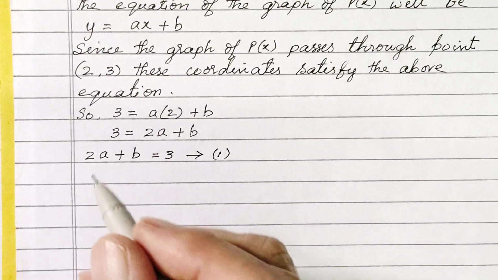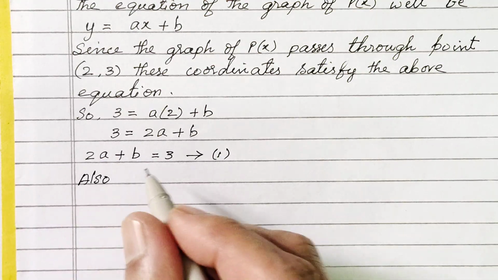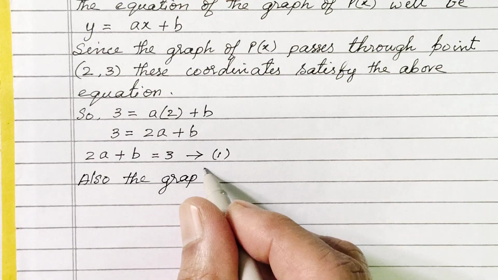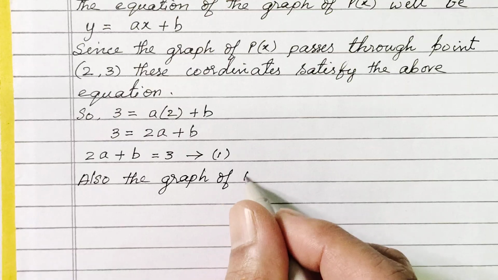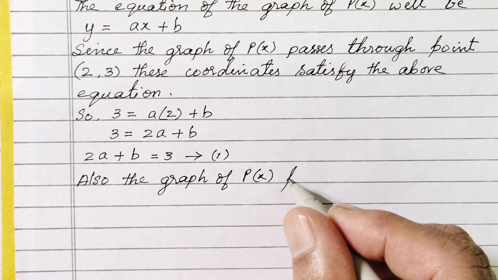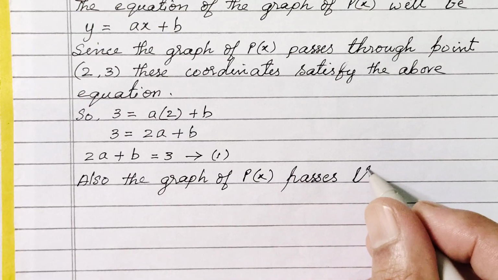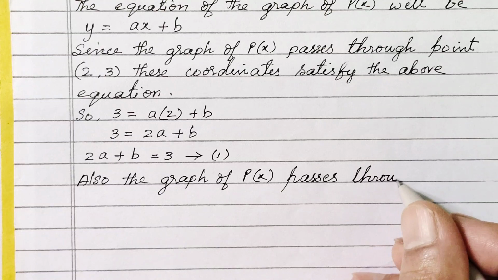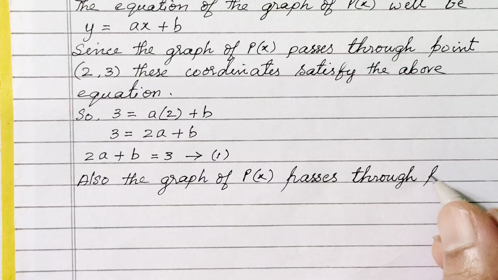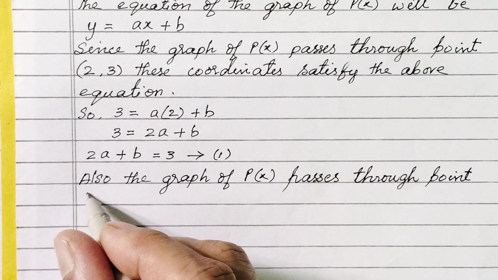Now, also the graph of p(x) passes through point (6, 11).